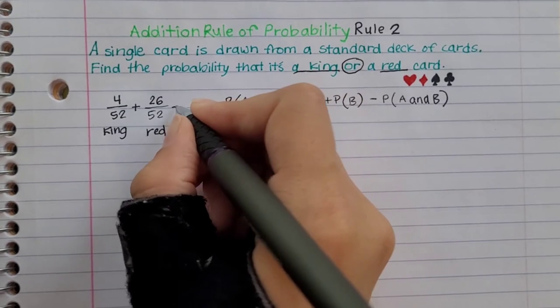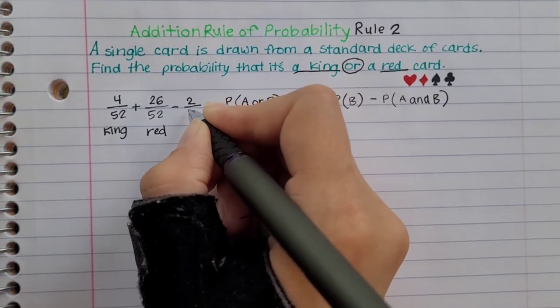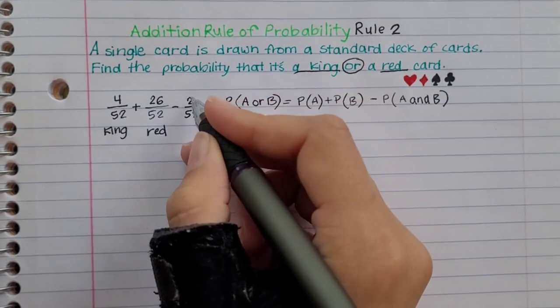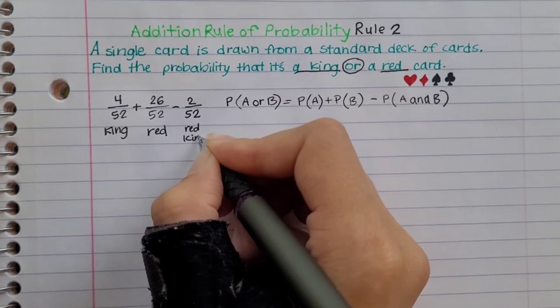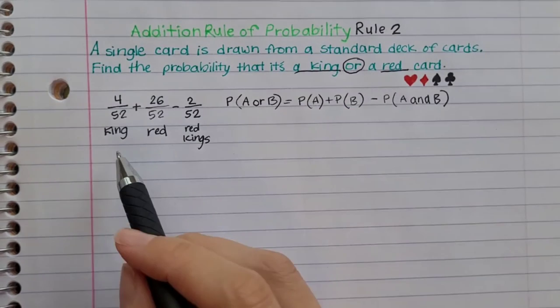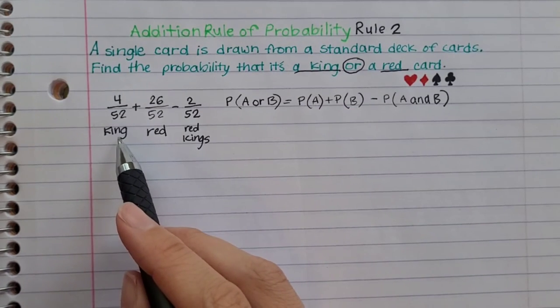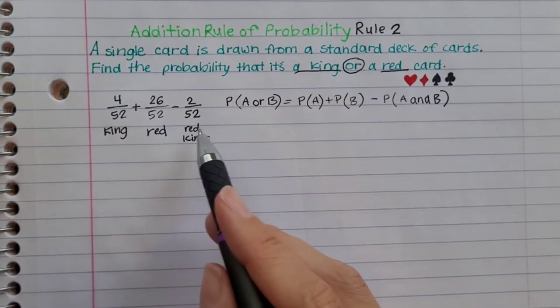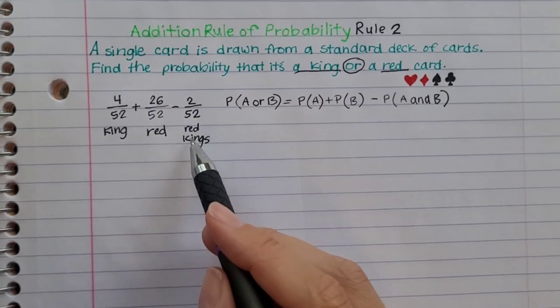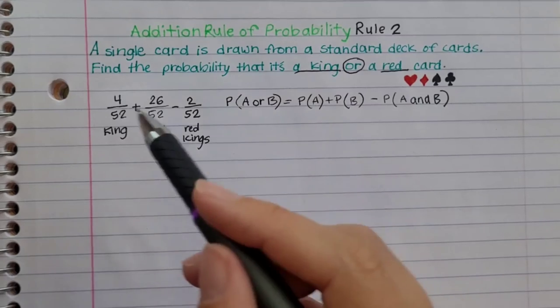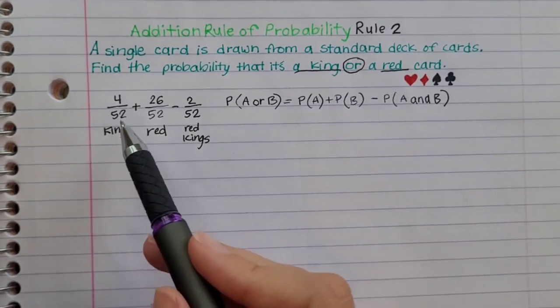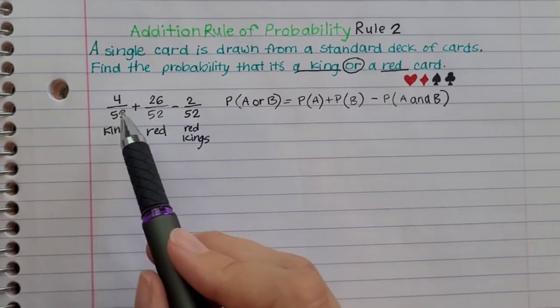So we will be minusing 2 out of the 52 cards. These are the red kings. So we are taking our total kings plus our total reds, minusing the cards that had both of those, the red kings.